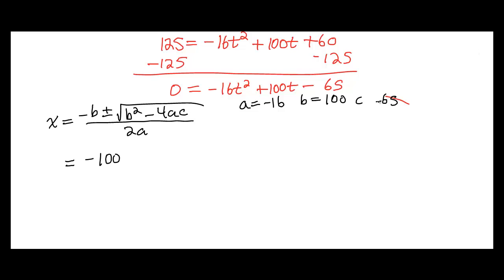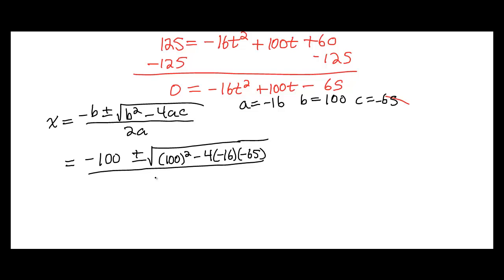So negative 100 plus or minus the square root of 100 squared minus 4 times a, which is negative 16, times c, which is negative 65, all over 2 times negative 32.